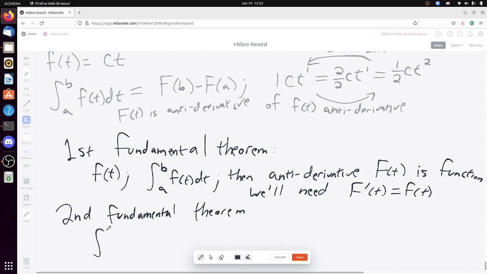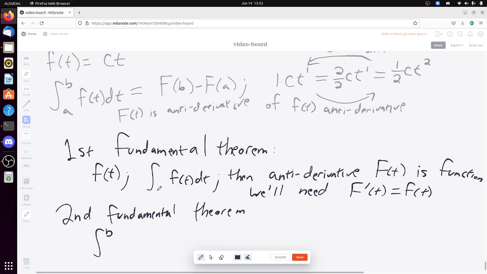is about how you calculate this. Actually, I should change this, because what we have here is called an indefinite integral. It's where we take away the bounds. If you take away the bounds, it doesn't actually make sense.